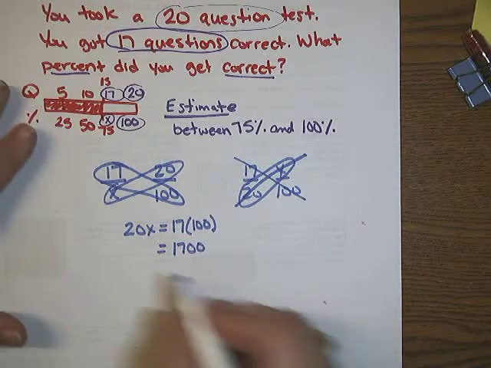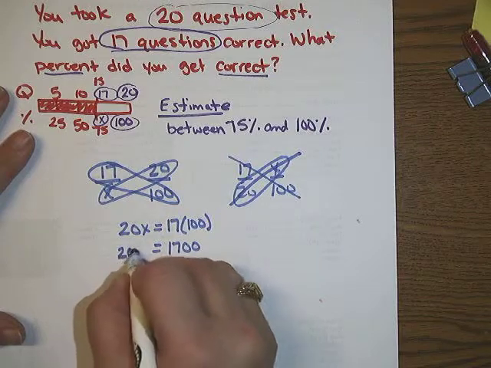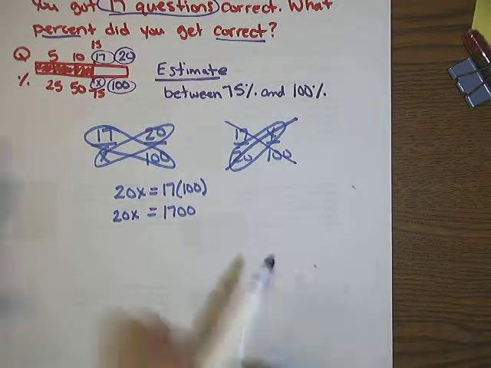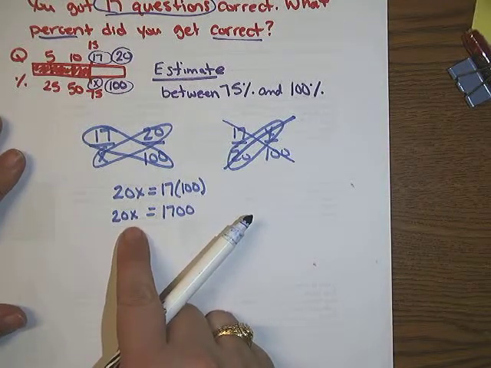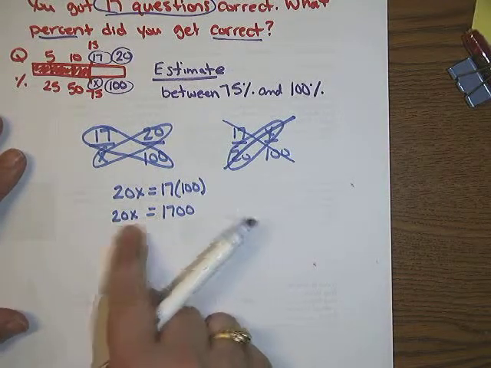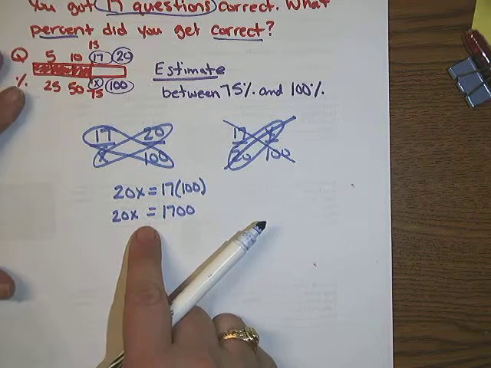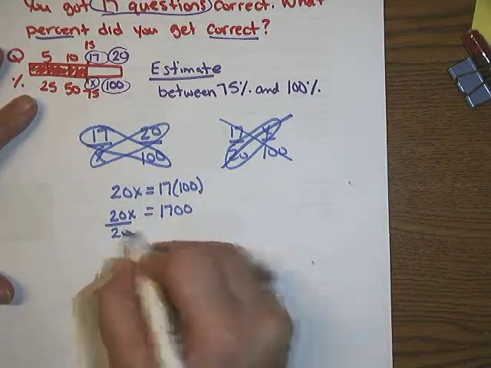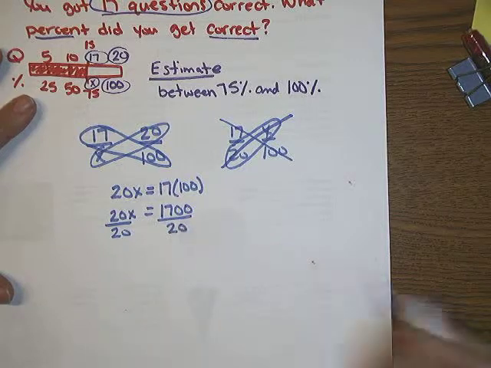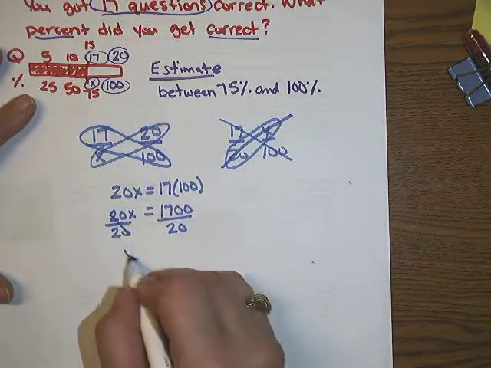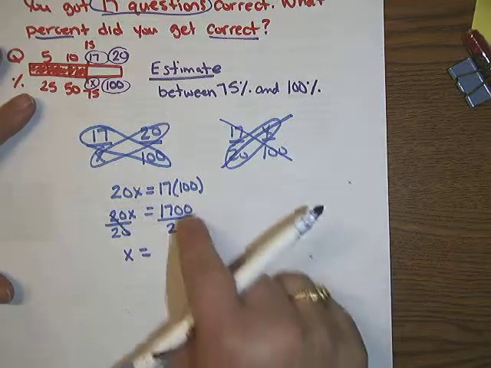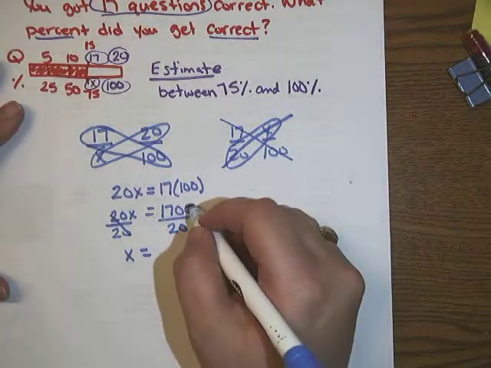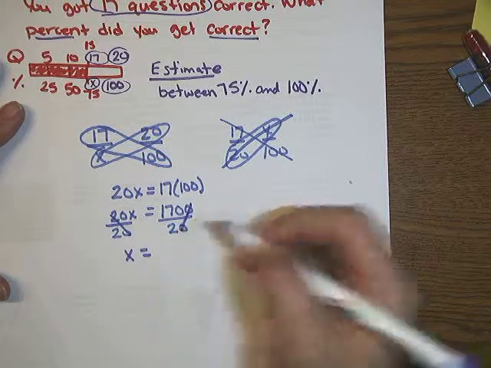There's 2 zeros, so I just add 2 zeros to the end. If you wanted to do the multiplication, is that okay? Yeah. Okay. And then I bring down the 20x. And now we're back to that algebra stuff. One-step equation. What's being done over here? What's the opposite of multiply? Okay. So I need to divide both sides by what? 20. So I get x over here.